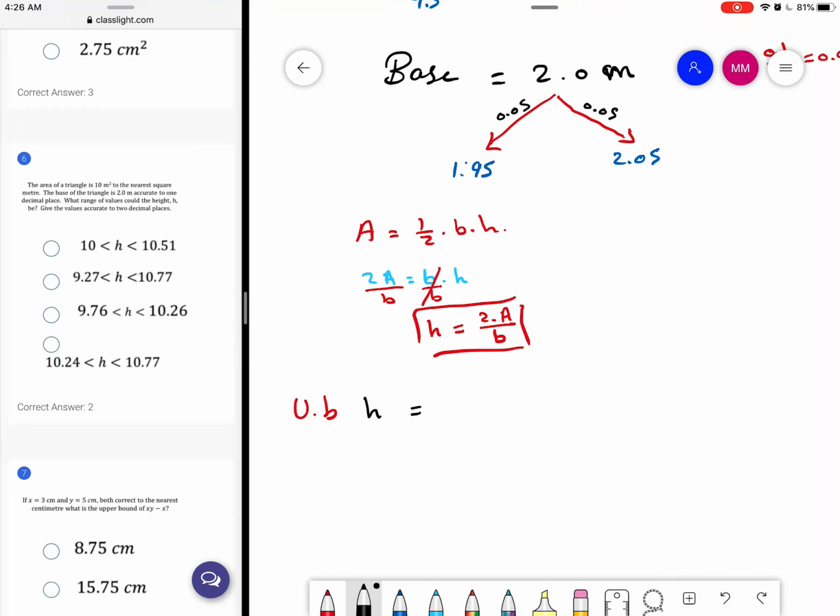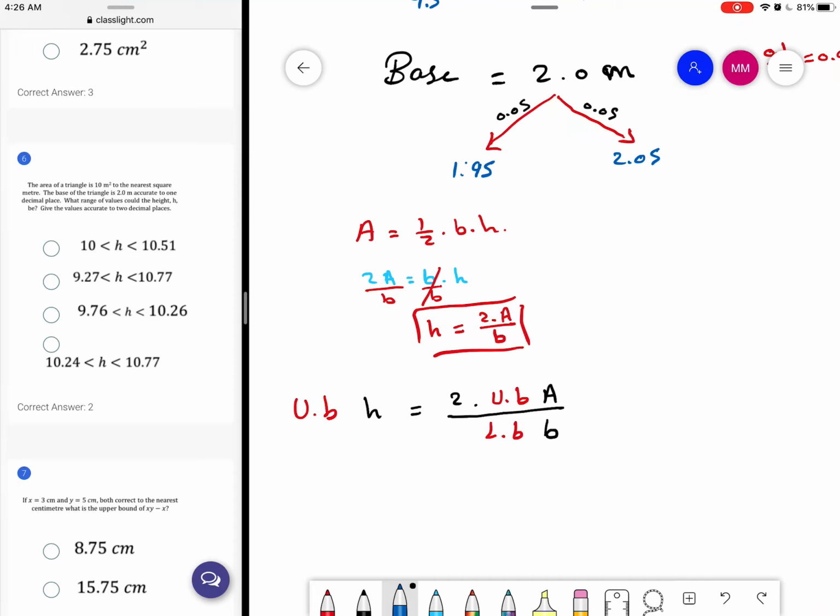It will be 2, because it's constant, it's exactly equal to, multiplied by upper bound of A divided by, because it's a division, it will be divided by lower bound of B. Okay, let's call this B, make it capital B, base times height. Okay, make it small b, no problem.